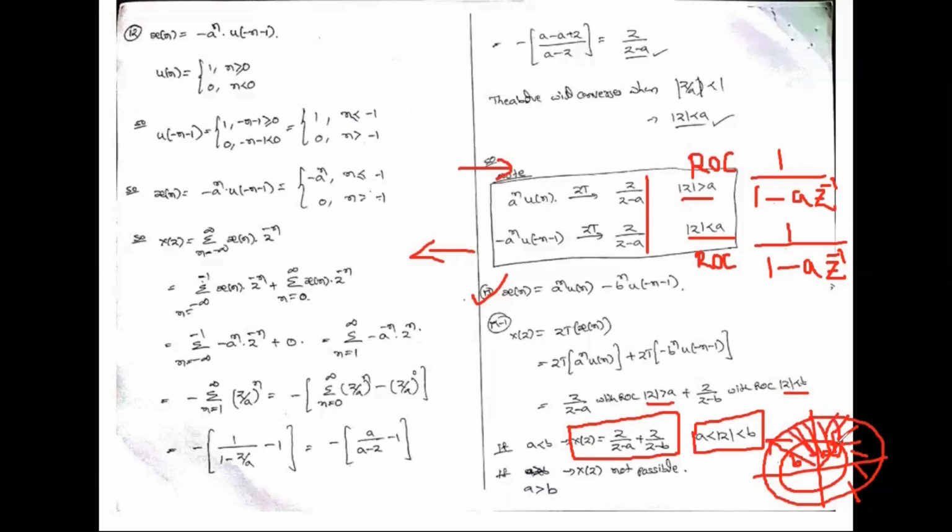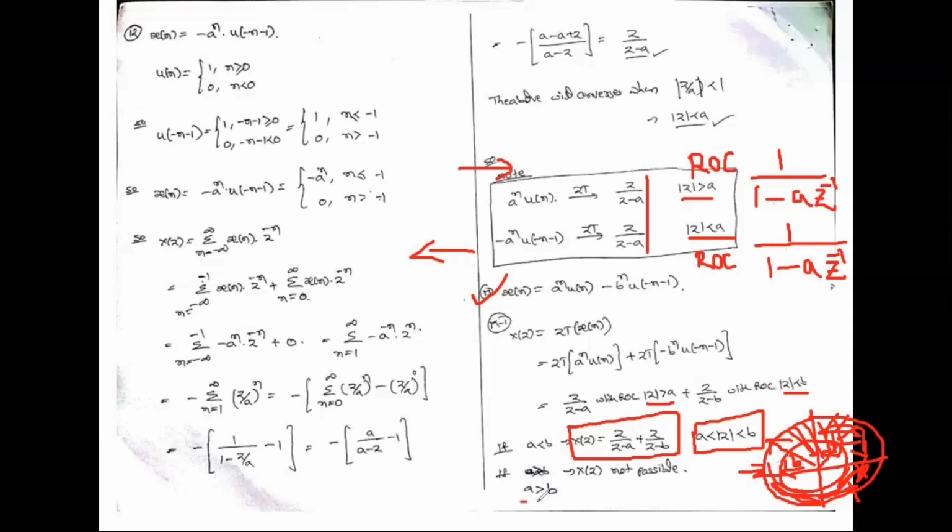Now an overlapping occurs in between the circles, not inside the circle of radius a and not outside the circle of radius b. It is in between a and b; there is an overlapping in between a and b.